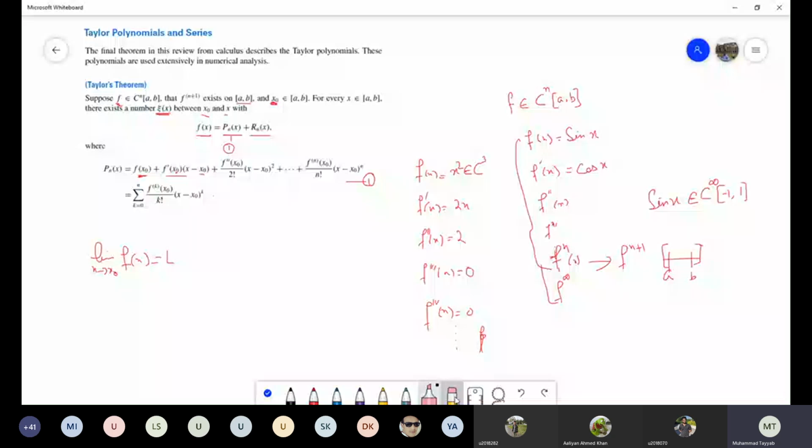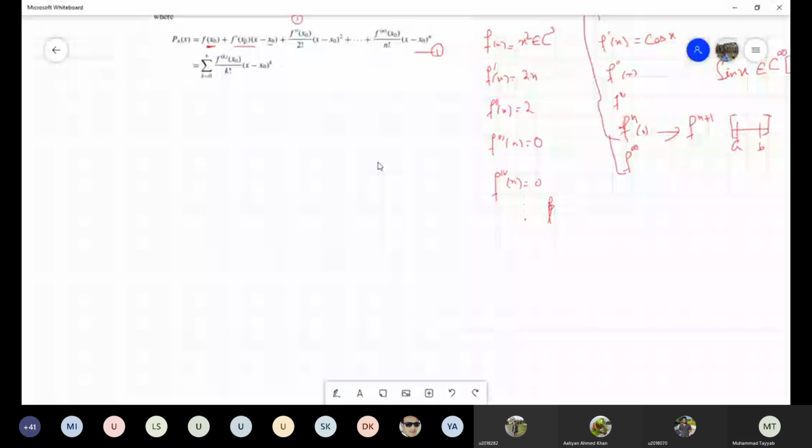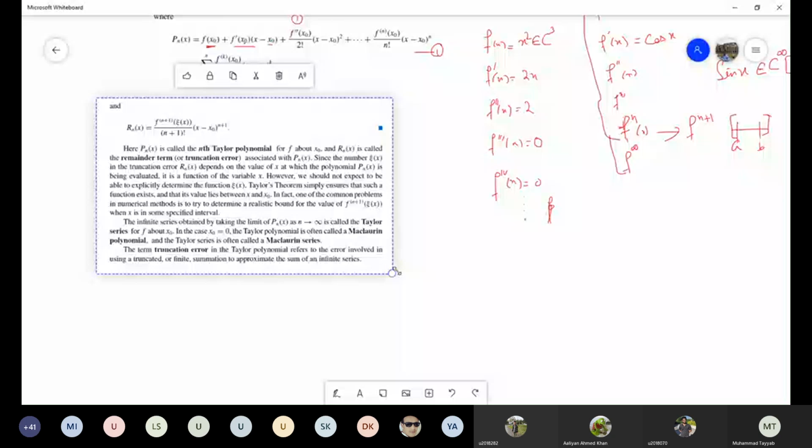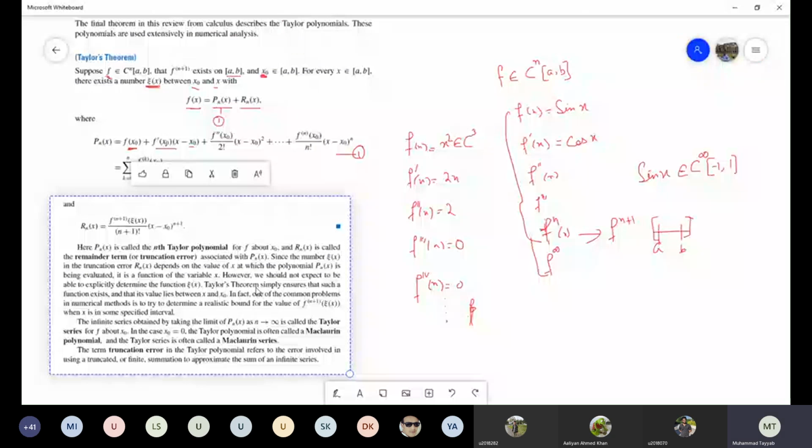Let me just copy directly from the book. Okay, and this was the Rn.